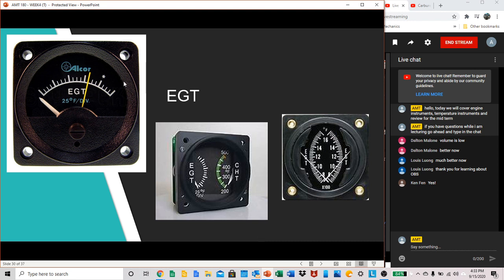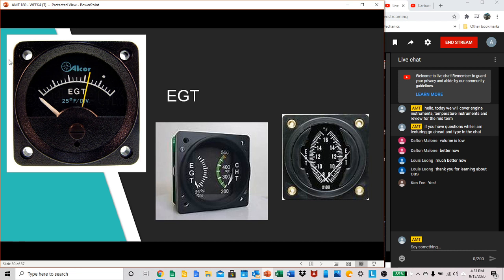And you'll notice that a lot of these EGT gauges, like your CHT gauge here, has a range marking, and your EGT gauge does not. This one has a star up here. I would have to look into the manufacturer to necessarily know what that star means.